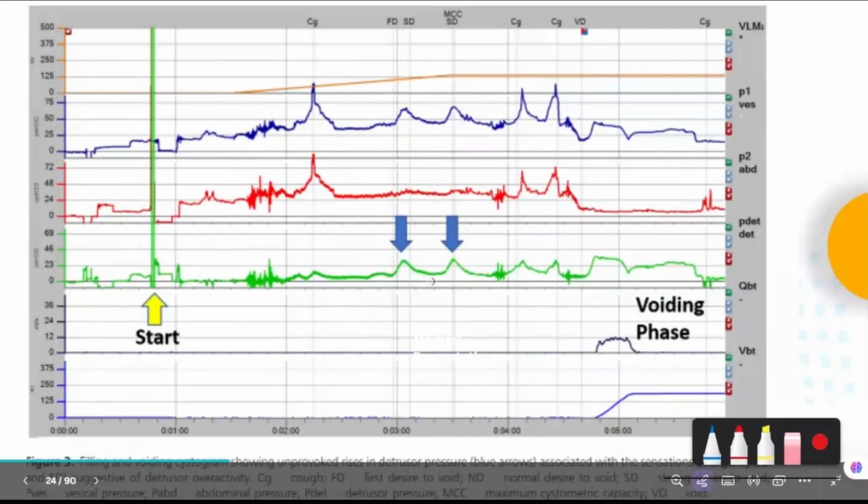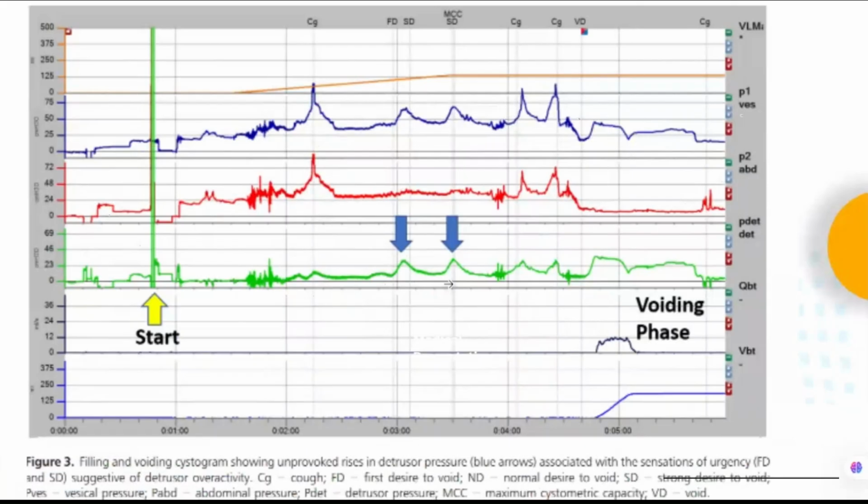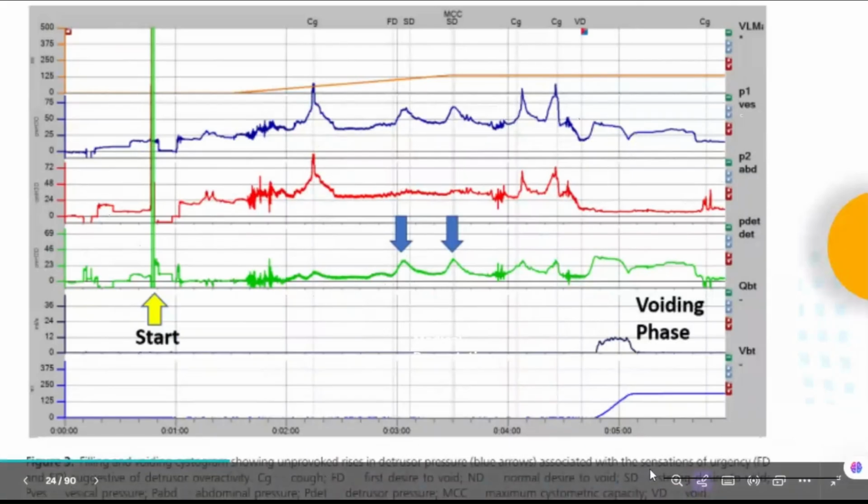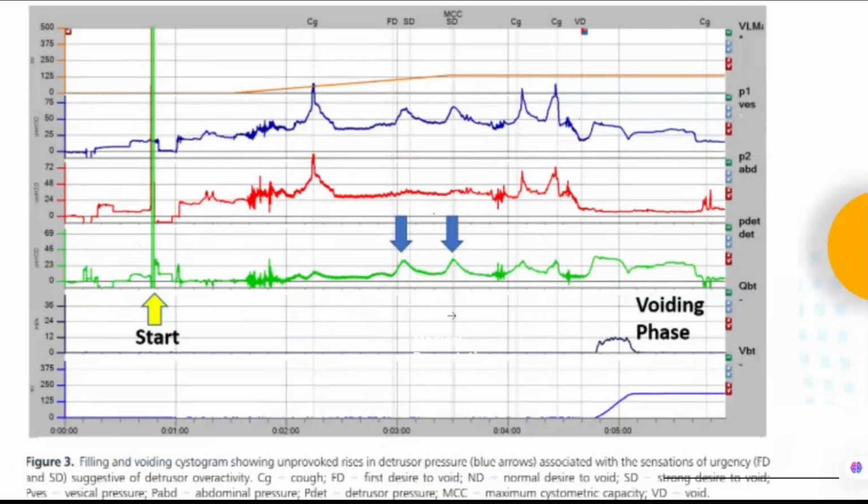Here there is a rise in the detrusor pressure. These blue arrows are associated with the sensation of urgency. So these are unprovoked rises, suggestive of bladder overactivity. Here it is cough induced, so there is a rise here also, and minimal change here.